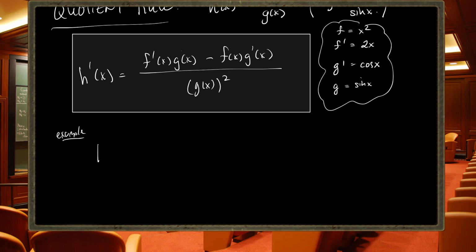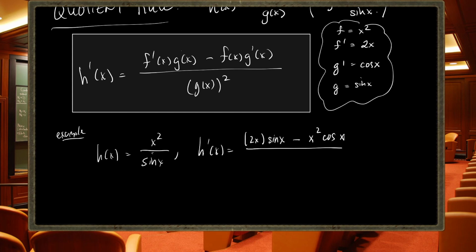Let me just write it out so you have a full thing here. So if this is x squared over sine x, then h prime is going to be, well, we've got 2x for f prime times g, which we said was sine, minus f, which is x squared, times cos x, the derivative of sine, all over g of x squared, which is sine of x squared or sine squared x. And we can just leave it like this. We don't need to simplify it any further.